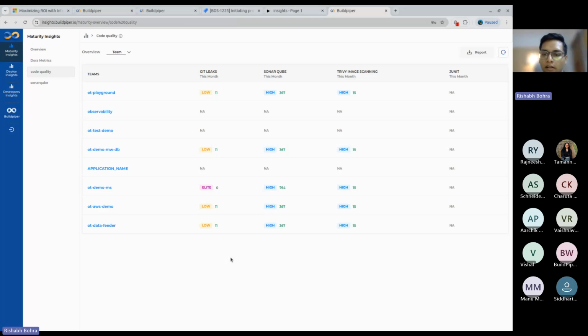And then once the standard is set, BuildPiper's maturity insights engine will do the rest for you and will present to you different views, ratings and metrics across all the tools that are being leveraged across multiple applications, across multiple teams, or maybe across multiple lines of business as well.